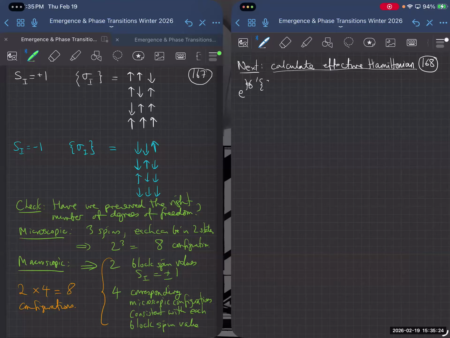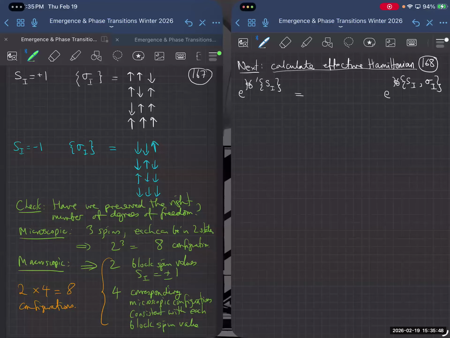It's going to depend on the coarse-grained block spin variables S sub I. And how do I get that? Well, I start off with my microscopic Hamiltonian, but now written as a function of Si, the block spin, and the microscopic degrees of freedom, which I'm calling the sigmas.